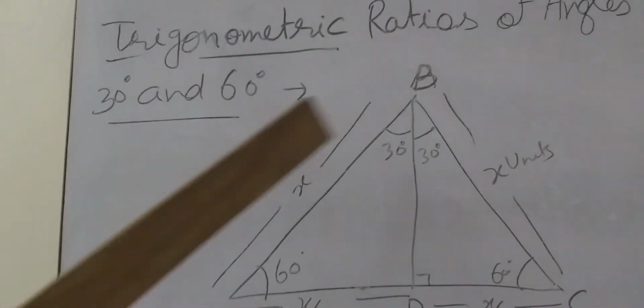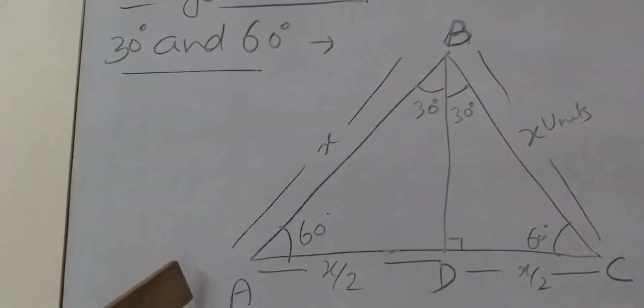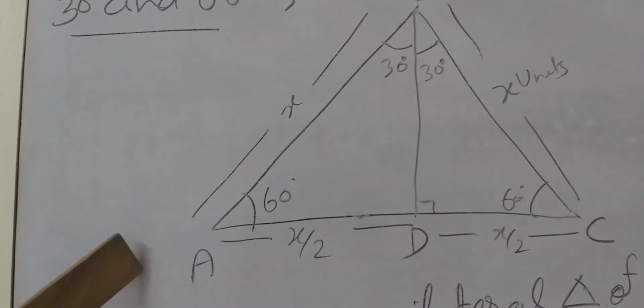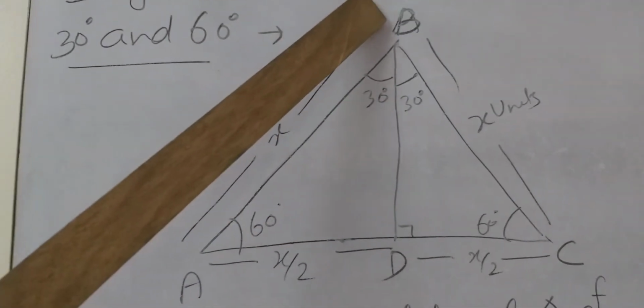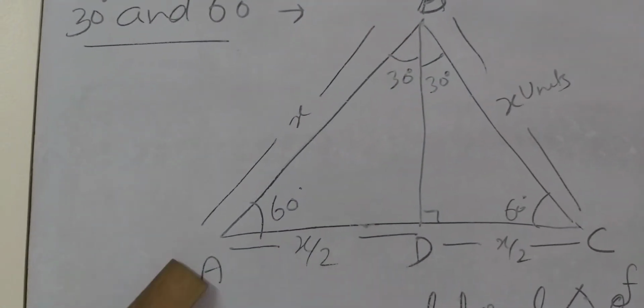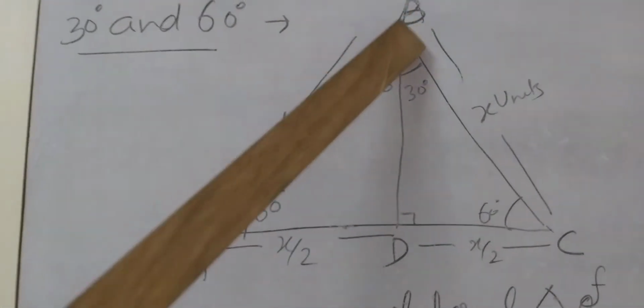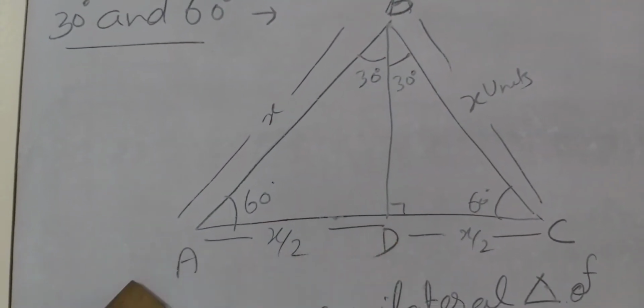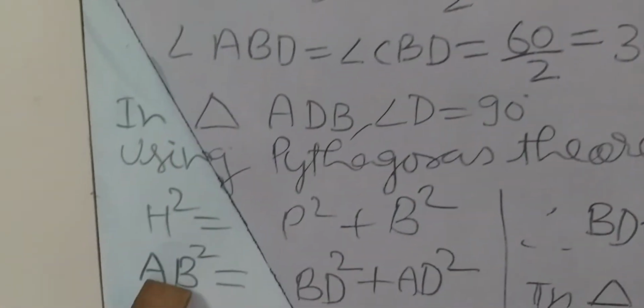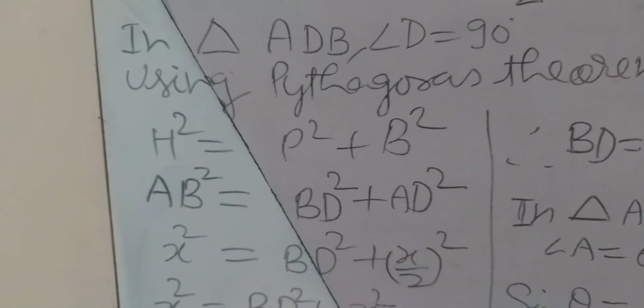Here H is AB, perpendicular is BD and base is AD. So we can write AB square equals BD square plus AD square.